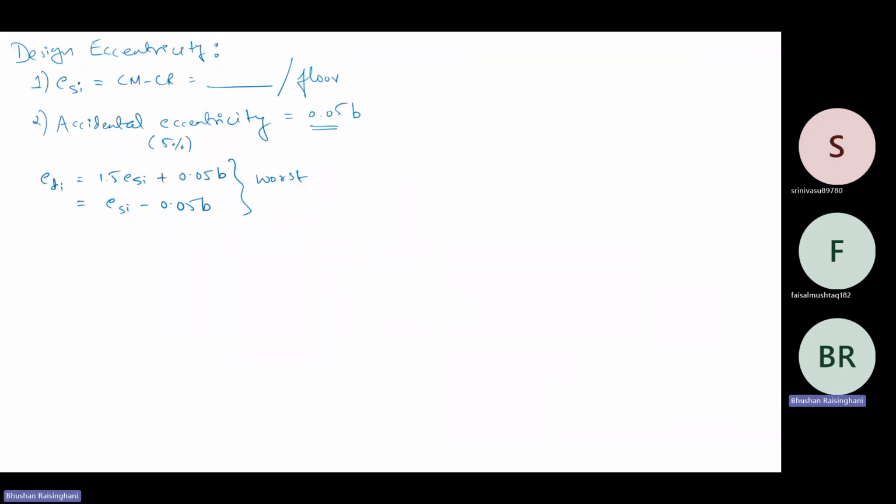Based on the design eccentricity, we put the values in the software. Whatever design eccentricity values you have obtained per floor, you have to input in the RSM load case.